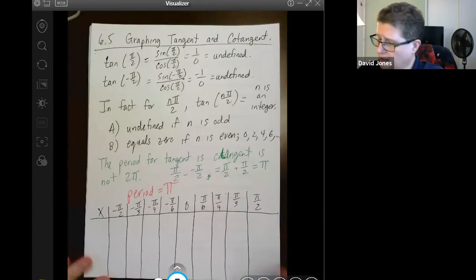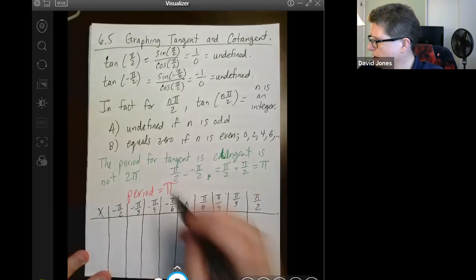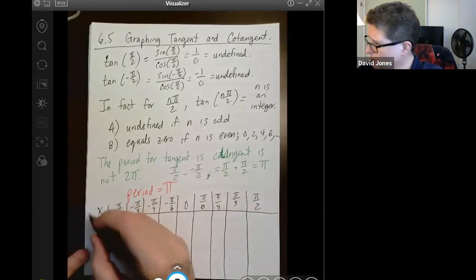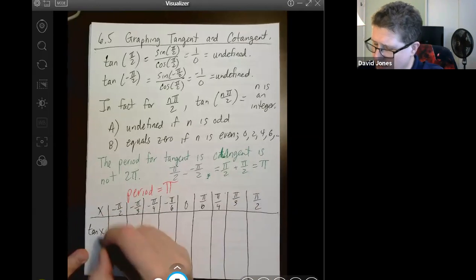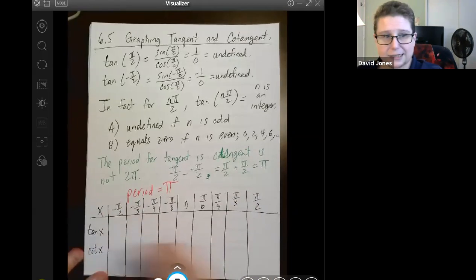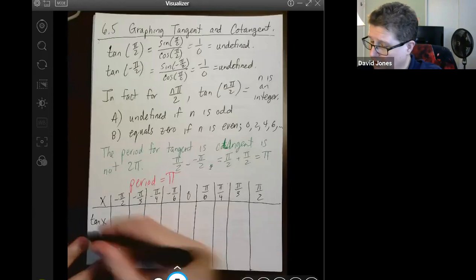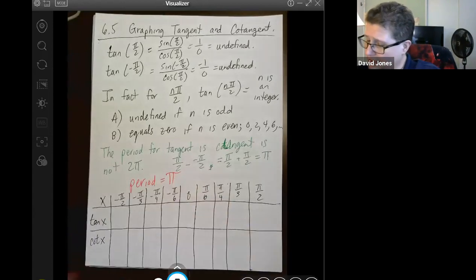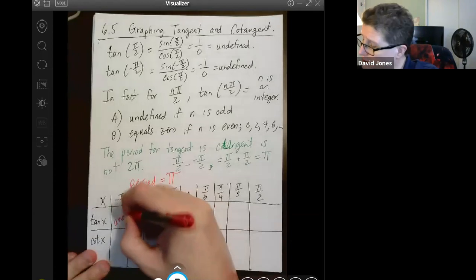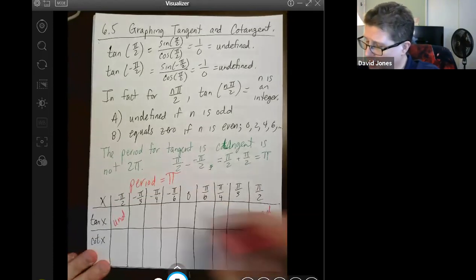So that is x, this will be tangent x, and this will be cotangent x, okay? We already said these are undefined. And this one's 0.